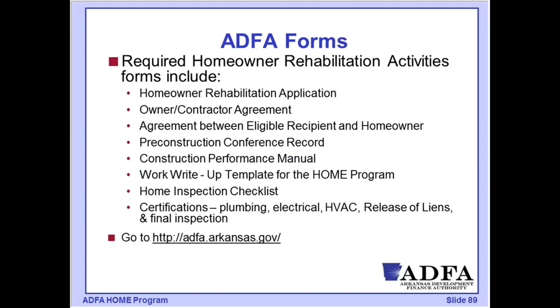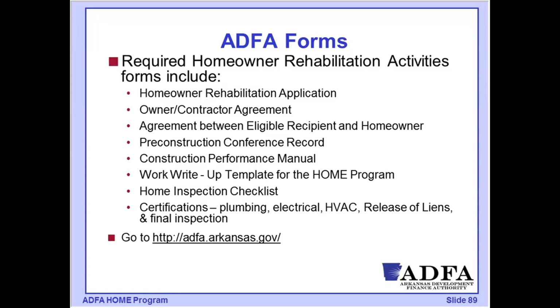The forms that you would be working with as part of implementing a homeowner rehabilitation activity: there is an ADFA homeowner rehabilitation application that would need to be completed. You would be using the ADFA owner-contractor agreement, which will lay out those terms. Also, an agreement between the eligible recipient and the homeowner.